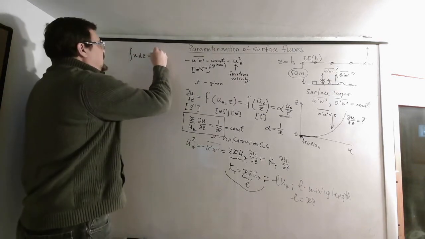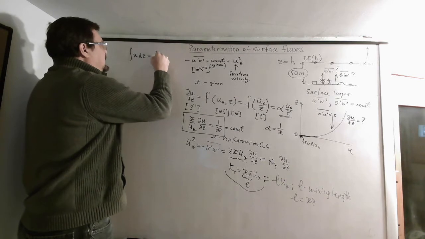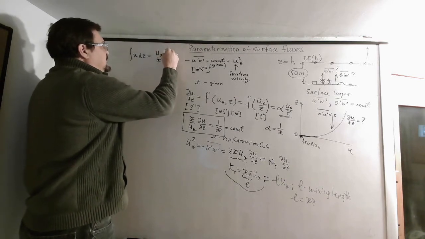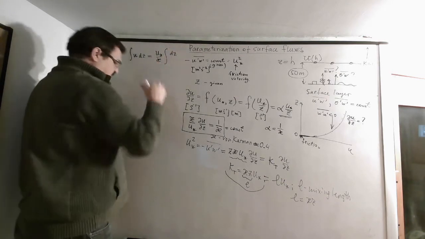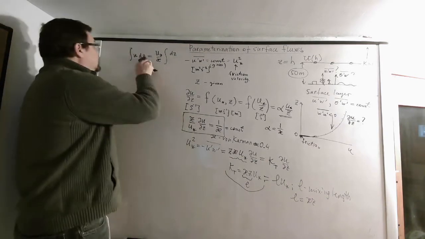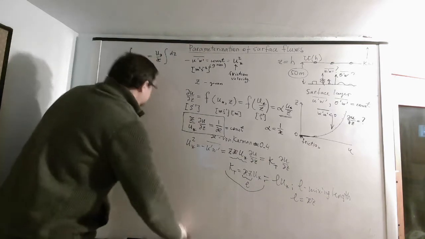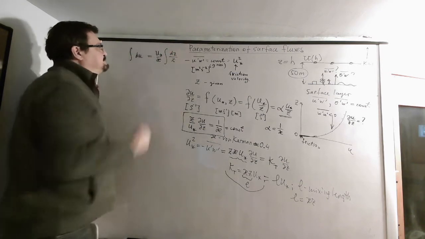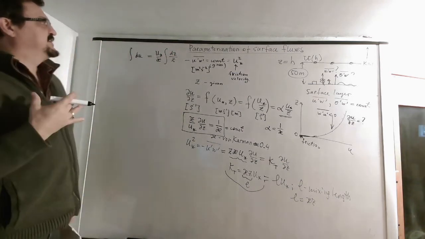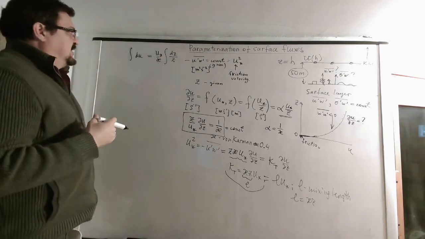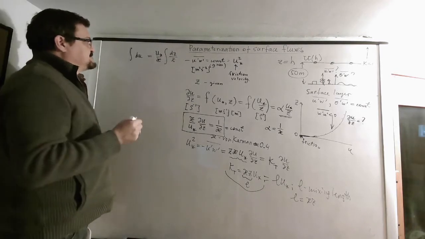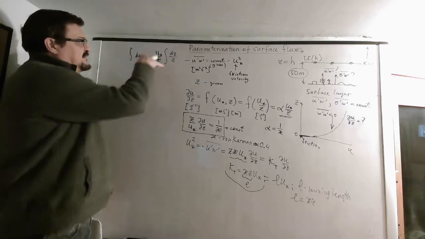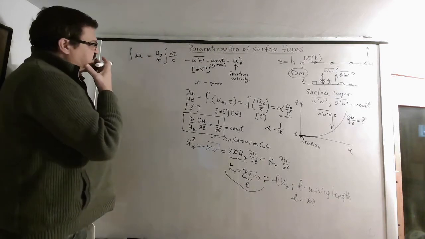So it's u star divided by kappa times the integral of dz. This one is, of course, incorrect. It's du dz over z. So now, what's the integral? What are the limits of integration?